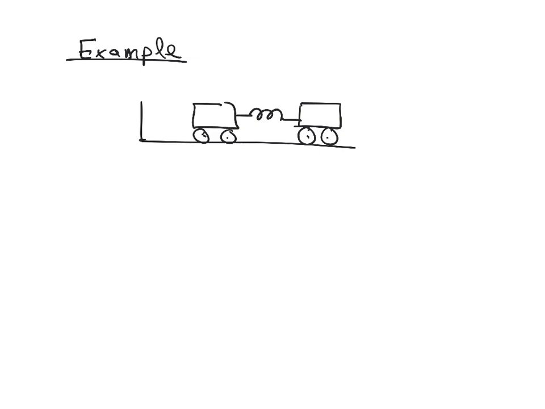Cart 1 is Z1 distance from the origin, which is this line here, and cart 2 is Z2 distance from the origin. The spring constant is K, so they are attached with a spring.